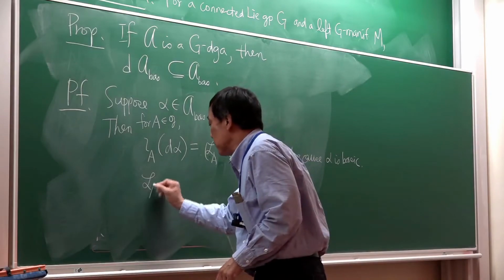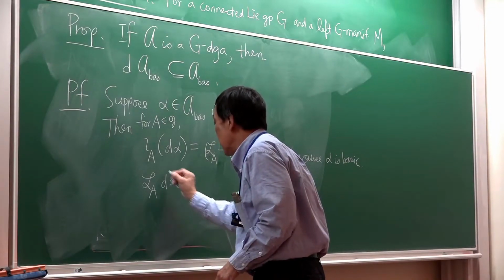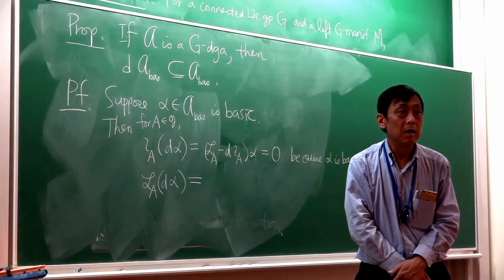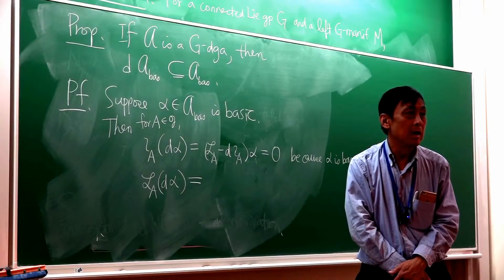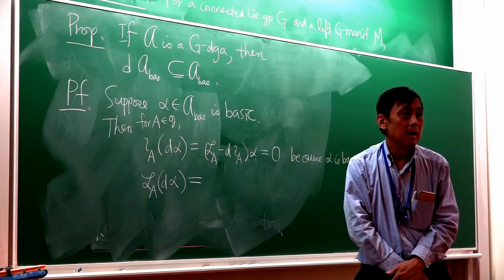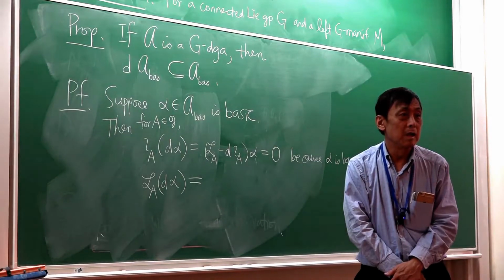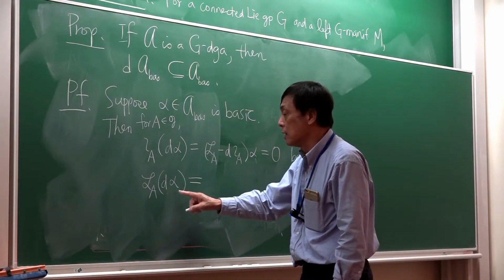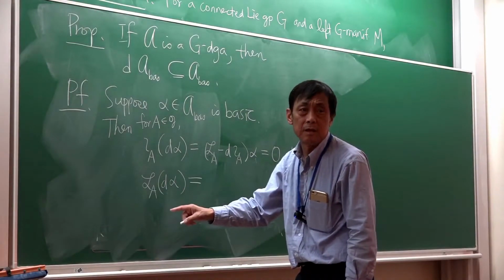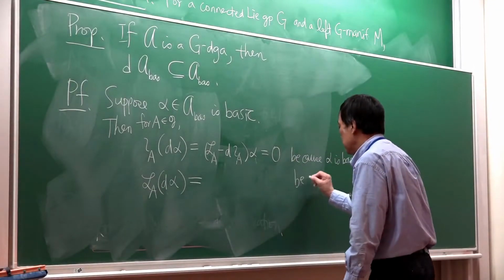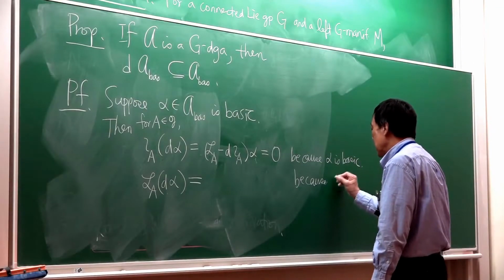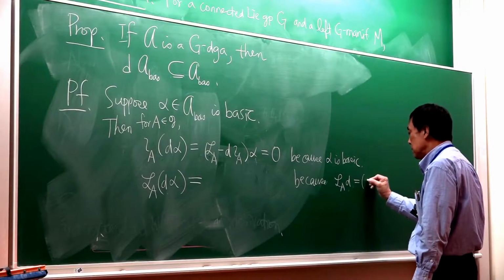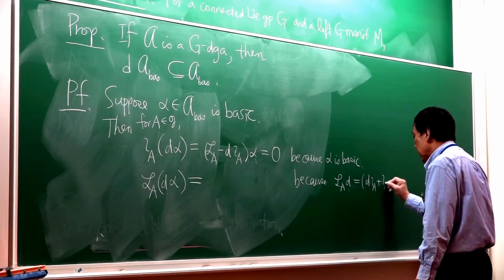And then I also have to show that LA of D alpha is 0. Well, that's because LA commutes with D. You see, LAD is equal to DIA plus IAD.